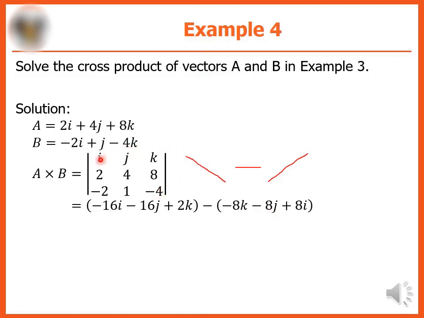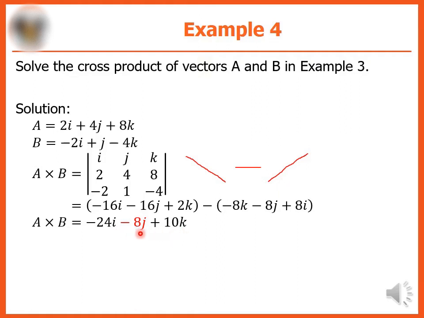And then we have i times 8 times 1, that is 8i. Subtracting these, negative 16i minus positive 8i is negative 24i. Then negative 16j minus negative 8j is negative 8j, plus positive 2k minus negative 8k, that is positive 10k.